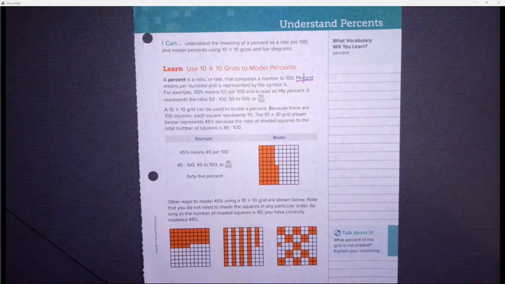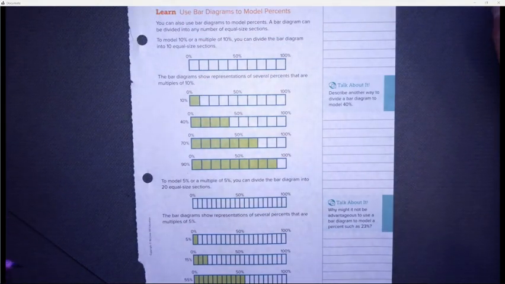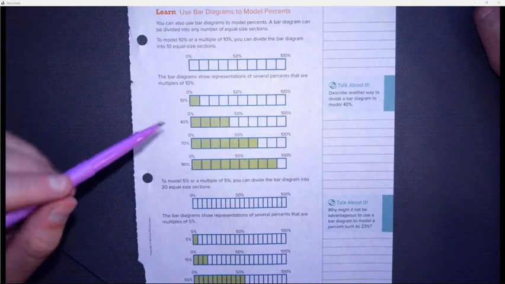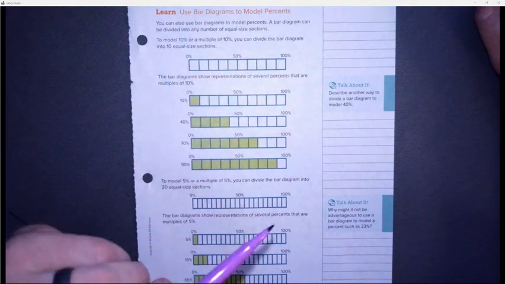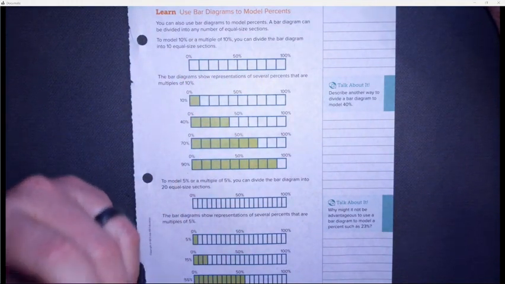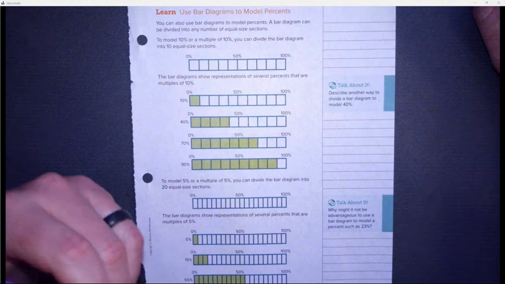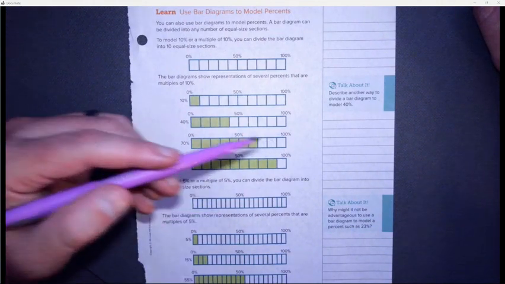Okay, now let's look at bar diagrams to model percents. So we can use a bar diagram to model percents, and our bars will always represent 100%. Depending on what percent we want to model, we'll decide how many sections we will cut our bar into.